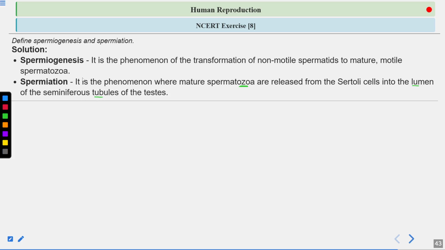This is known as spermiation, or simply you can say the release of the mature sperms from the seminiferous tubules. So sperms are formed in the seminiferous tubules and then the release of these sperms from the seminiferous tubule is spermiation.